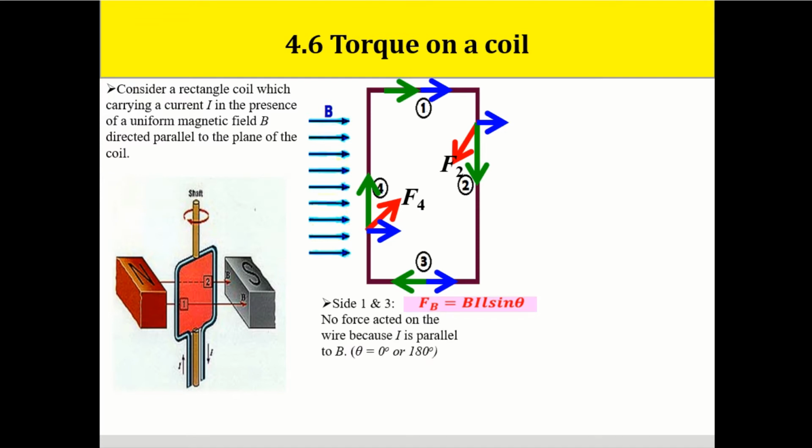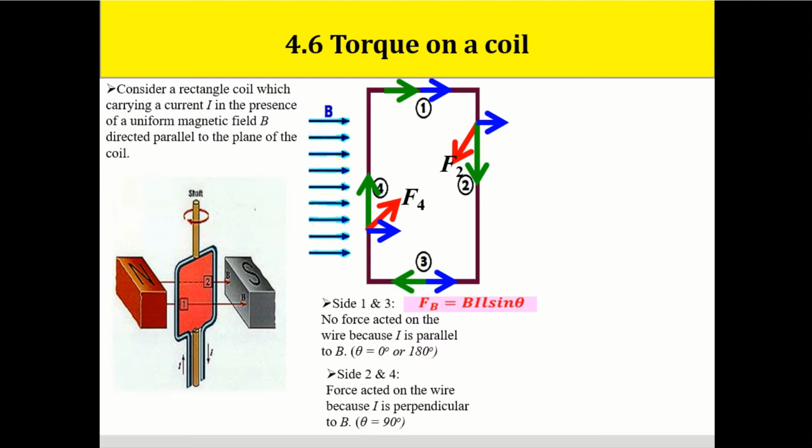For side 2 and side 4, we can see that the current flow is perpendicular to the magnetic field. So the angle theta is 90 degrees and there will be a force acting on the wire. By using the right hand rule, we can determine the direction of the magnetic force acting on both sides of the wire.